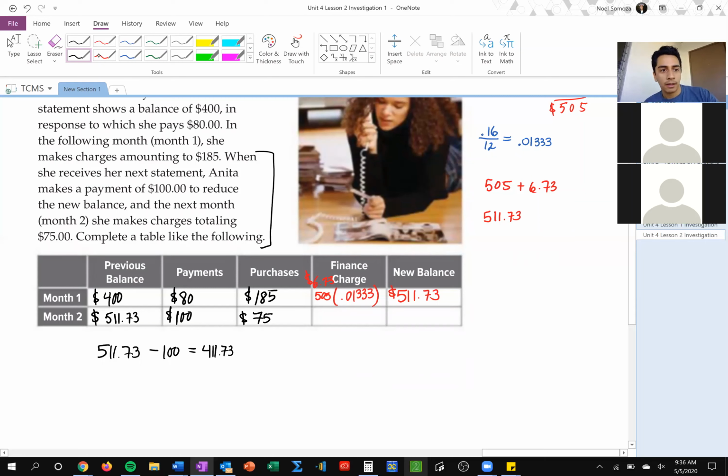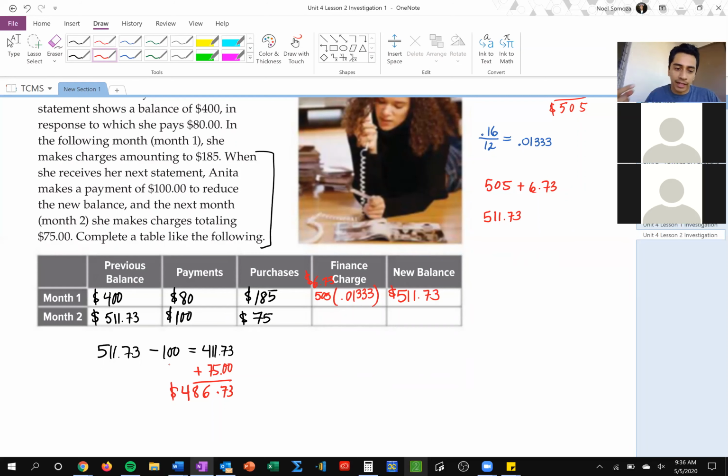Okay, but she makes purchases, so now her balance goes back up. So you've got to add $75 here. So she's going to end up with $486.73 that she's owing on the card now.